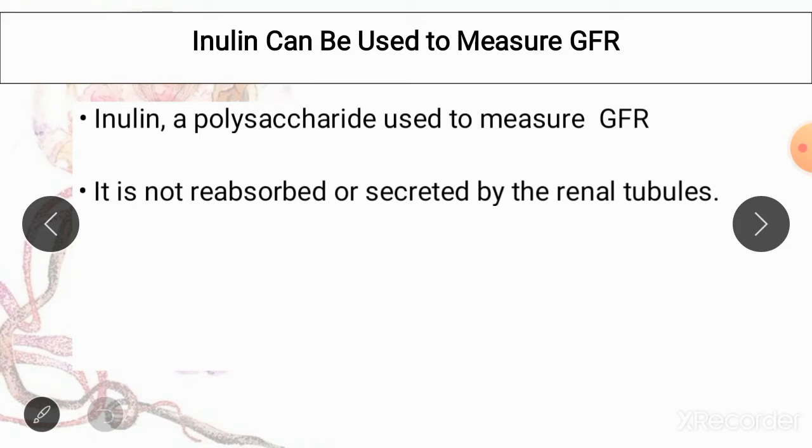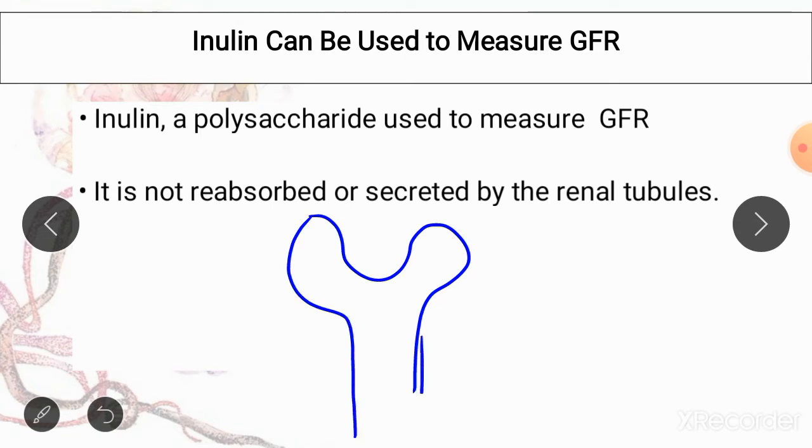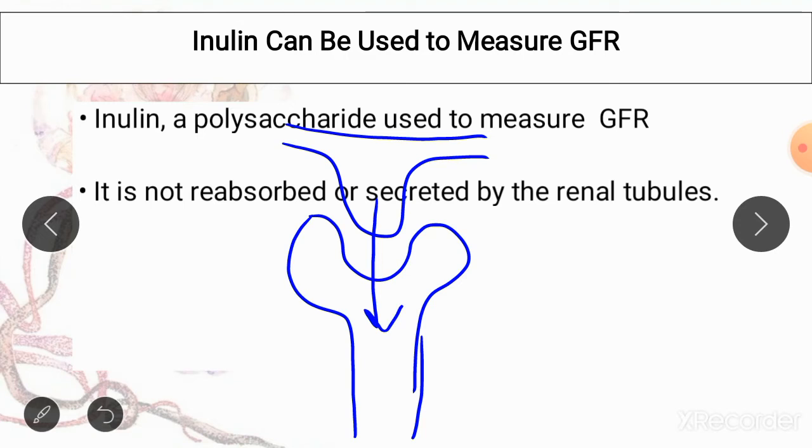Once it is injected into a person, it distributes in the blood and is filtered in the kidneys from the glomerulus, and once it enters the Bowman's capsule and into the nephron, it is neither reabsorbed nor secreted. So its excretion in the urine is going to be equal to its filtration.